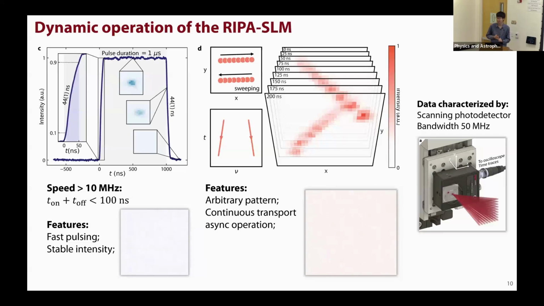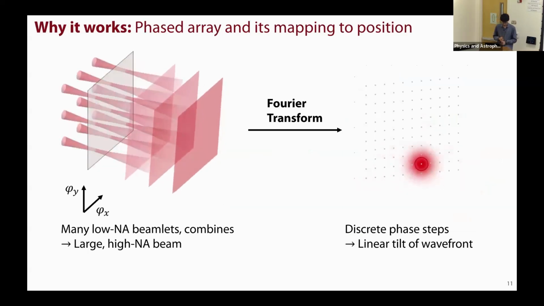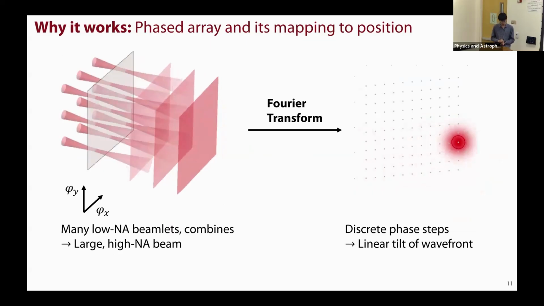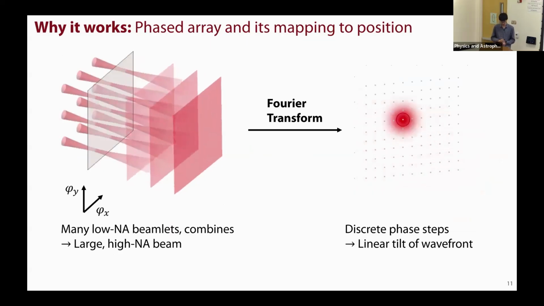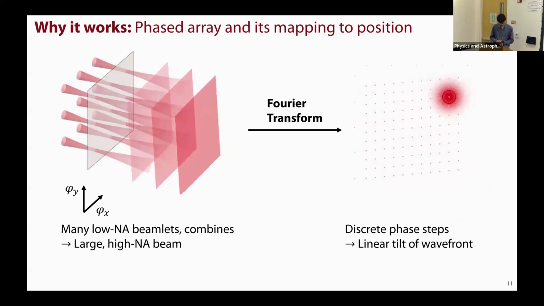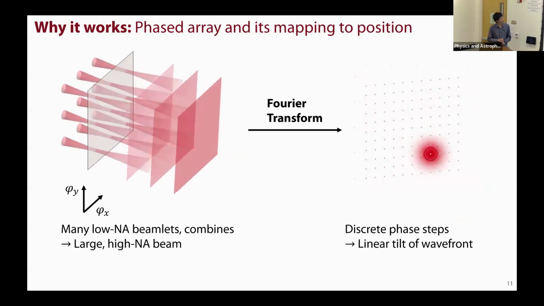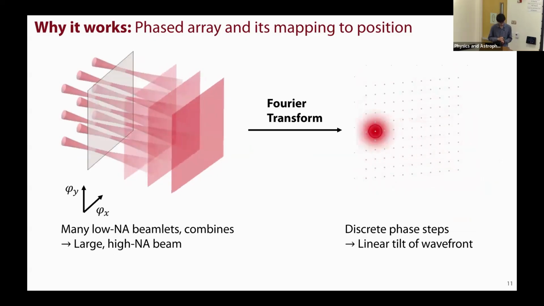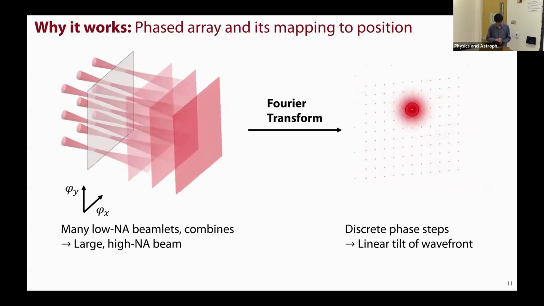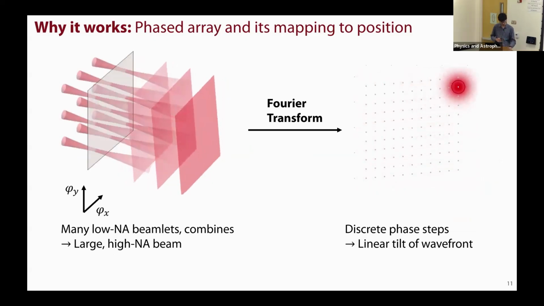Any questions up to here? Okay, so let's take a step back and ask why it works. A key concept underlying the operation of our spatial light modulator is the phased array, which consists of an ensemble of coherent light beams with ordered spatial positions and a well-defined phase relationship between them.